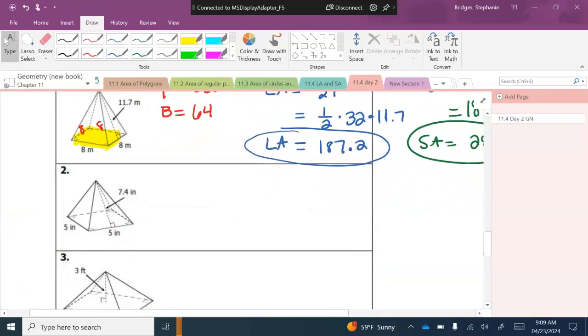Is the base a square again? Yes. So we're going to find the perimeter, then we're going to find the area. Then we can go to our lateral area. Lateral area is 1/2 times my perimeter, which we said was 20, times what is my slant height? 7.4.